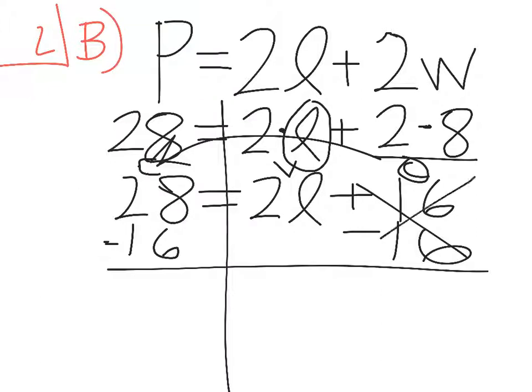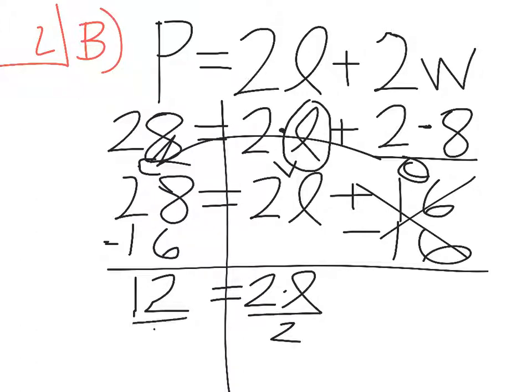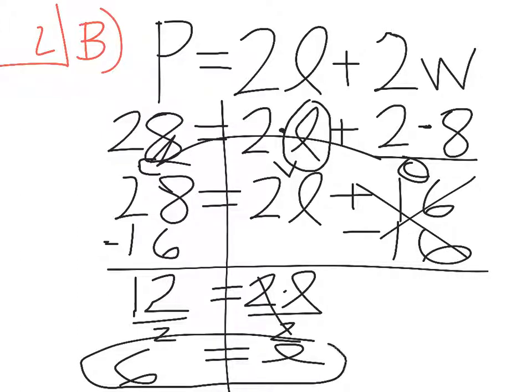So these 16s are gone. 2L equals 12. And then as your last step, 2 times L, to get rid of the 2, we divide by 2. So 12 divided by 2 equals 6, and then it equals L. I'm running out of room there. But 6 equals L, so that means 6 meters would be the length.